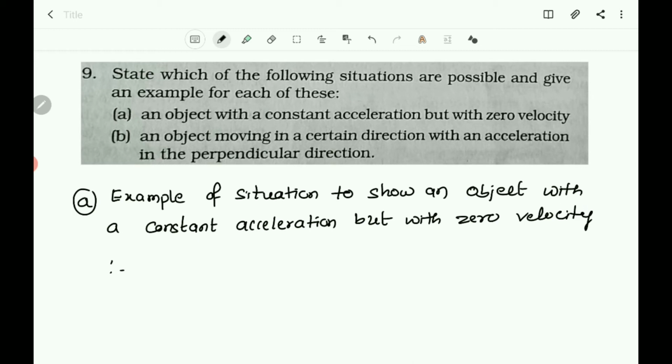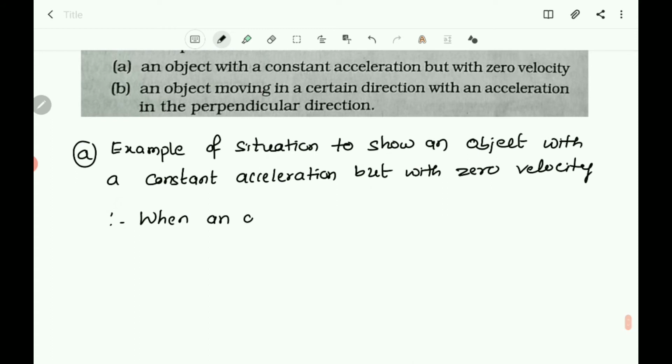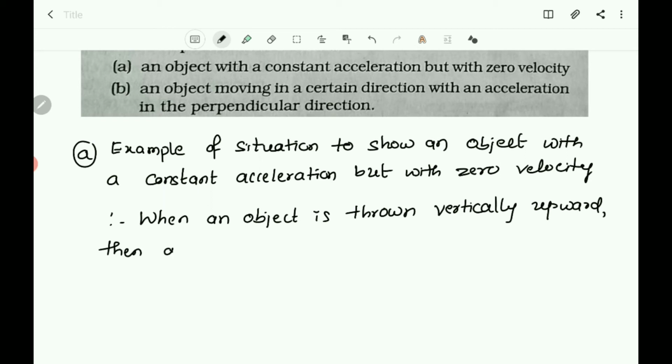The answer is here. When an object is thrown vertically upward, then at the highest point its velocity is zero, but it has constant acceleration.